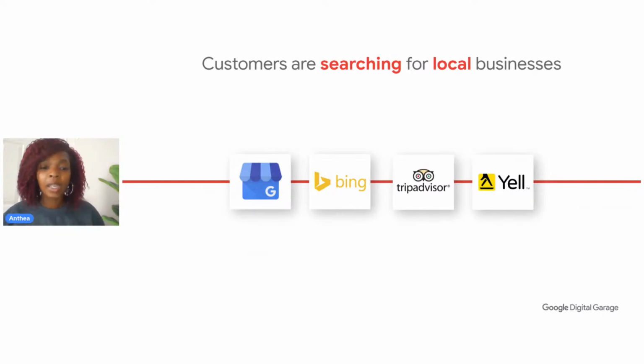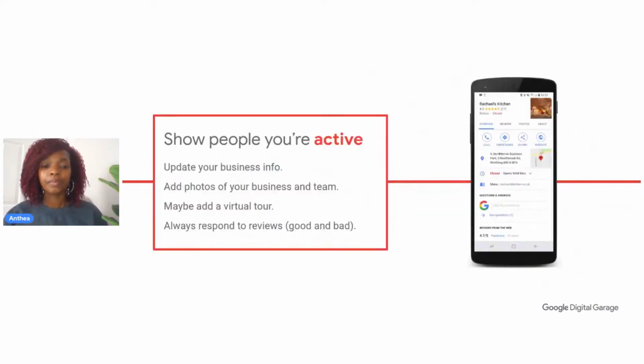You've also got Bing, TripAdvisor, and Yelp. So think about what business listings you have. I know we've got people joining from worldwide. So think about places that are local listings for your country, your town, your city, and see if you can create a listing in one of those directories.